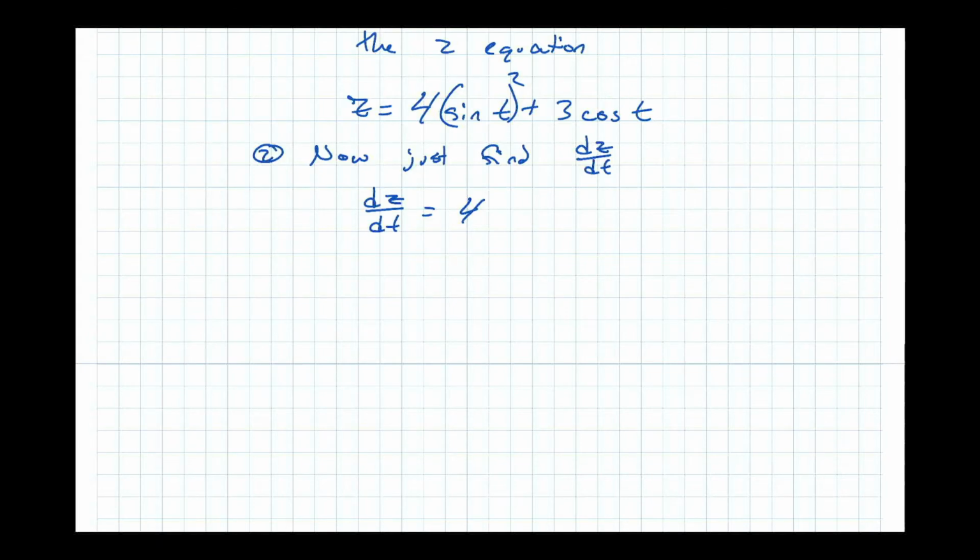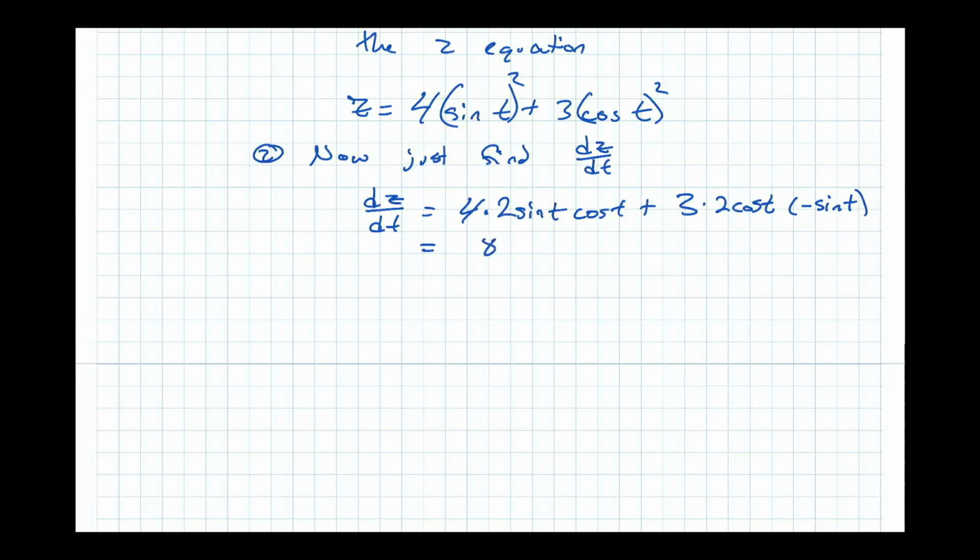And you could also do the same thing here for the cosine. So you have to do the chain rule. That would be 2 sine t to the first power times the derivative of what's inside, which is cos t. And then for the other one, you've got 3 times the derivative of cos t squared, which would be 2 cos t, times the derivative of what's inside, which is negative sine t.